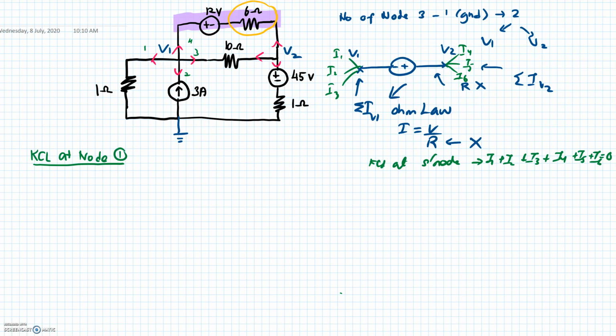So first is V1 over 1, plus, minus 3, because you can see that the current is in the opposite direction, and then plus here V1 minus V2 over 10. Now this is the problem that your friends mentioned previously. So I will show you how to determine the currents at branch number 4.